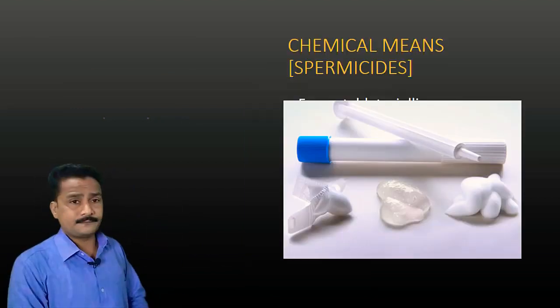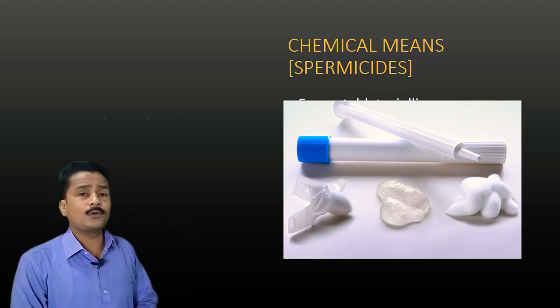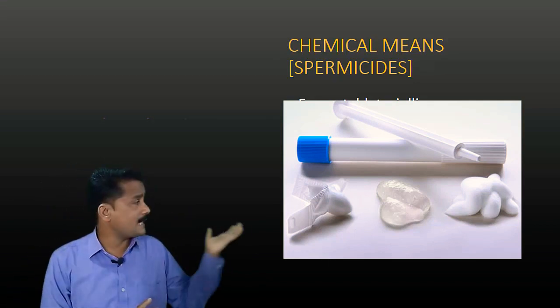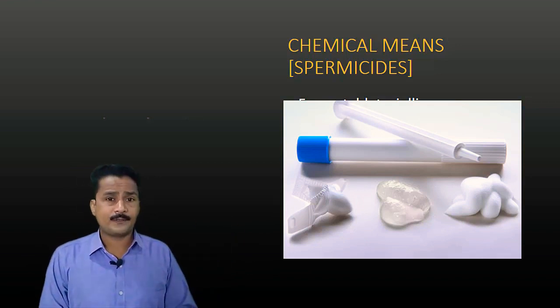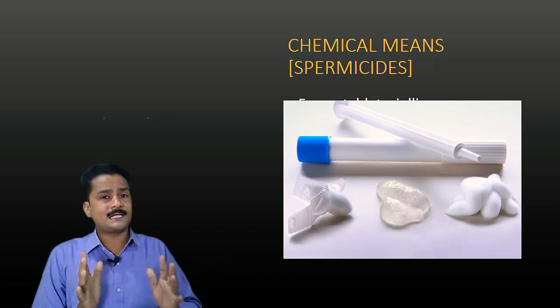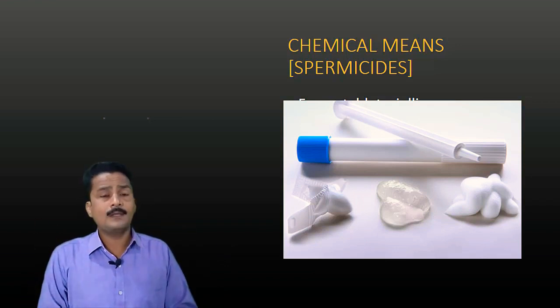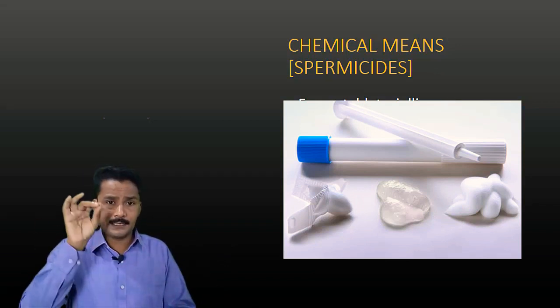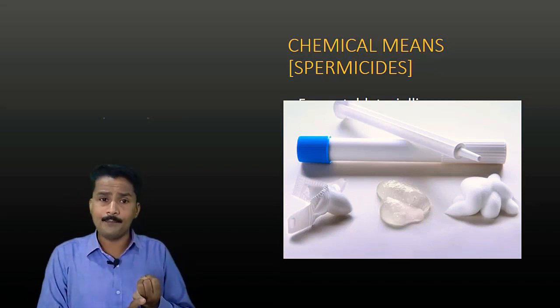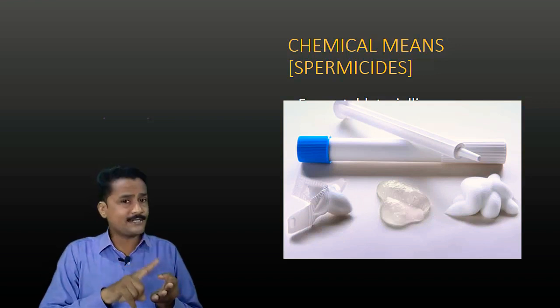The fourth method, you can observe, includes chemical means. In that, spermicides are used. As the name indicates, these are chemicals used to kill the sperms. Generally spermicides are present in the form of foam, tablets or jellies.